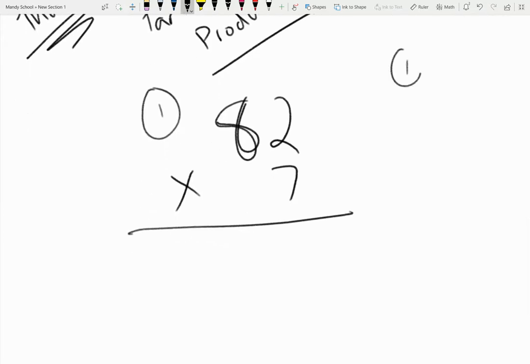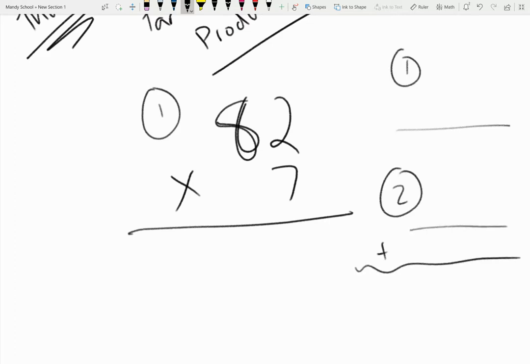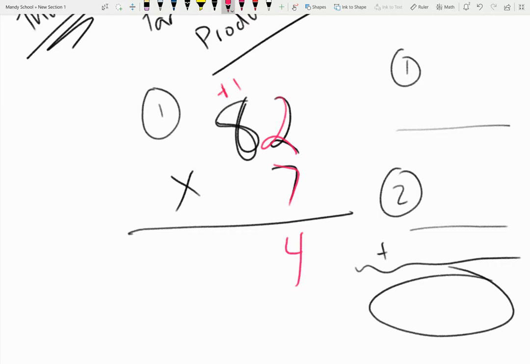So we're going to do our number 1, come up with an answer, and then we're going to take our number 2, come up with an answer, and then of course we're going to add those to come up with the complete answer. So if I were to multiply 82 times 7, I would take my 2 and my 7, I'd make it a 14, and then I would need to take my 7 and multiply across, and I would get 8 times 7, and 8 times 7 equals 56, and then I would need to make sure I added that 1.